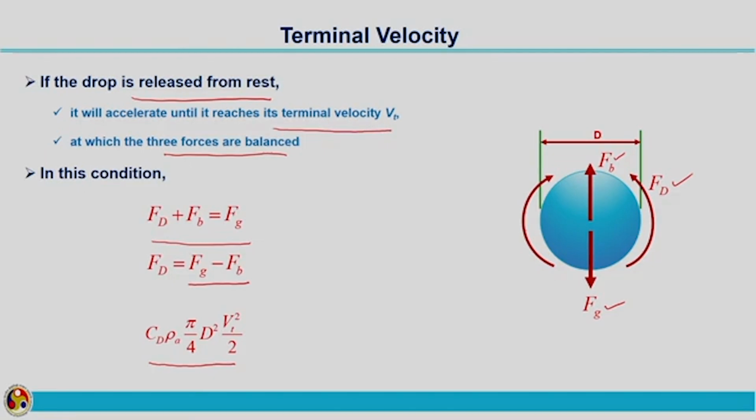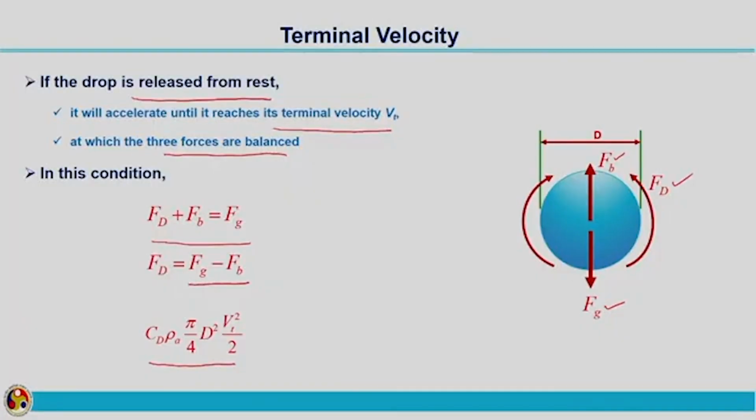Here at the balancing condition, when all the forces are in balance, V is replaced by terminal velocity Vt. So, this is equal to Fg minus Fb. Fg is rho w g pi by 6 d cube minus rho a g pi by 6 d cube. We can simplify the right hand side.